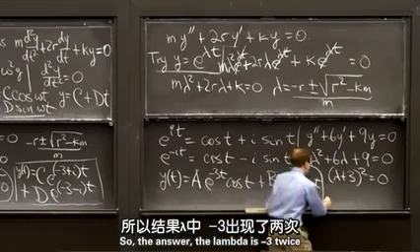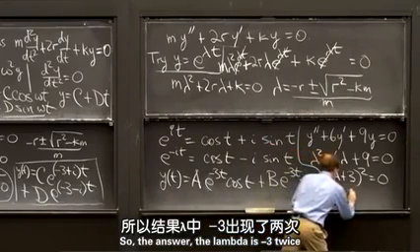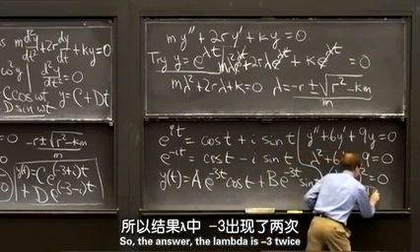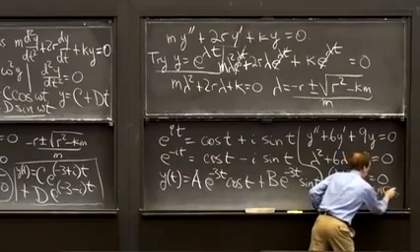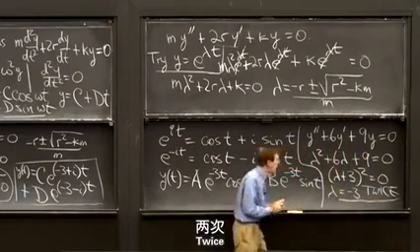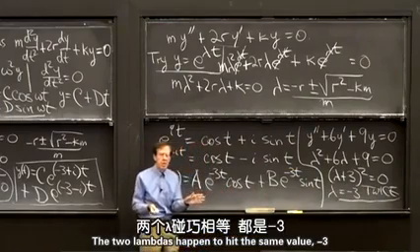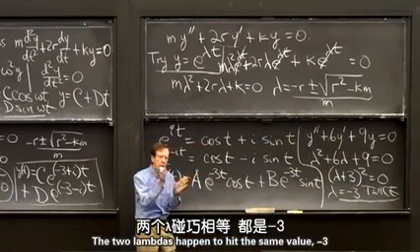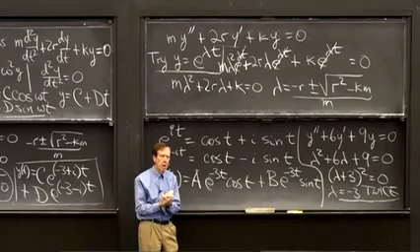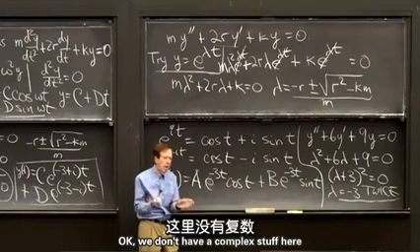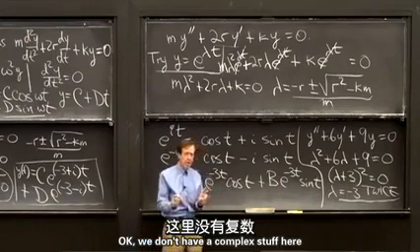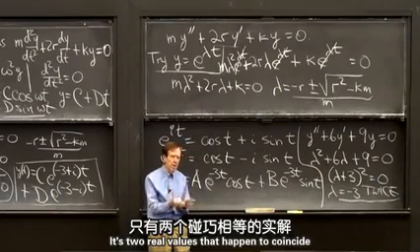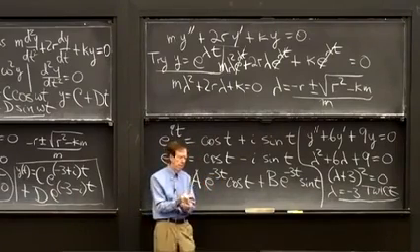So the lambda is minus 3 twice. The 2 lambdas happen to hit the same value, minus 3. We don't have any complex stuff here. It's 2 real values that happen to coincide.